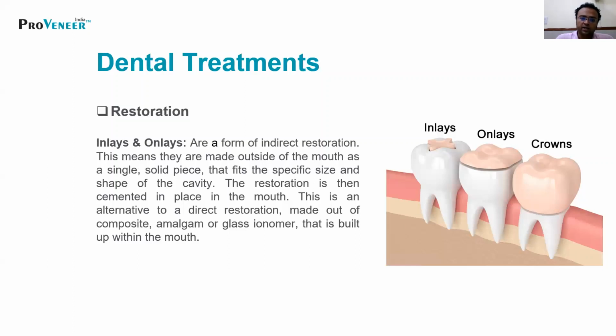An inlay always stays inside the confines of the tooth. An onlay sometimes does not confine itself to the tooth and also replaces missing cusps and other tooth structure. A crown completely replaces the whole of the crown structure present in the oral cavity.